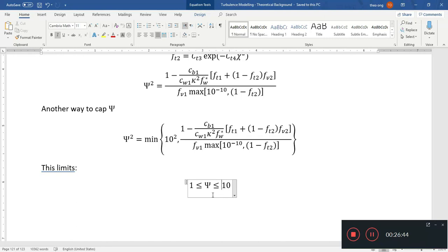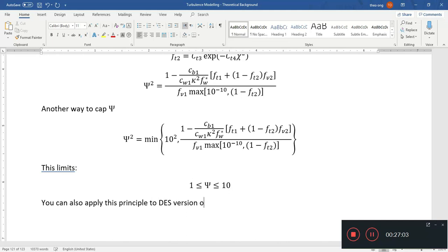Of course, you can apply both principles. You can apply this principle even to the DES version, and also to the DES version of K omega SST.